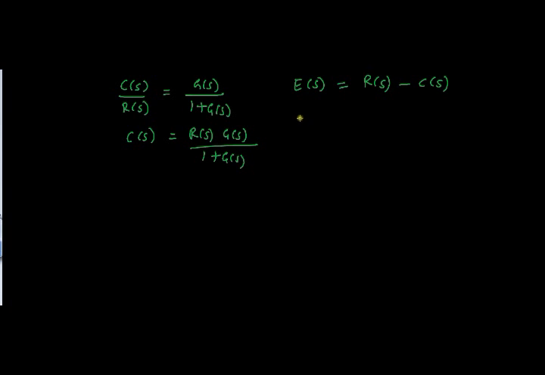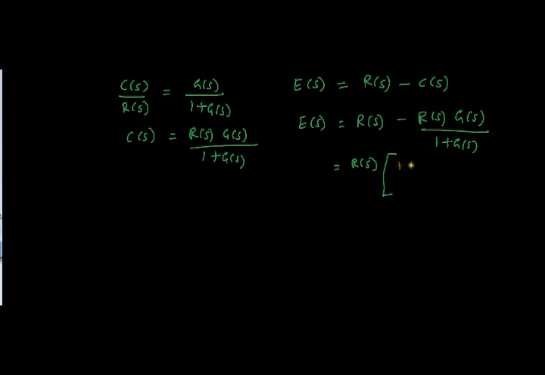So E(s) will be R(s) minus R(s) G(s) upon 1 plus G(s). Take R(s) common here.